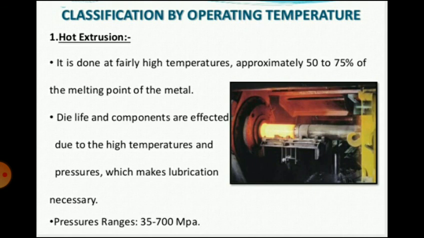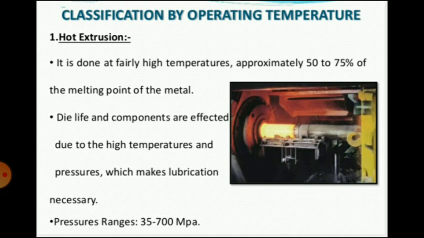Now the second category, on the basis of operating temperature, is subclassified as hot extrusion and cold extrusion. Regarding hot extrusion, it is done at fairly high temperature. The metal is heated above recrystallization temperature, approximately 50 to 75% of the melting point of the metal.